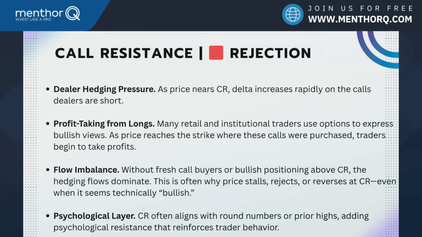It's most likely on round numbers or prior highs, adding a psychological resistance that reinforces trader behavior. If you remember a few months ago when the SPX was approaching the 6,000 level, that was a very big core resistance. That was a psychological level for traders, and the price rejected around that area.